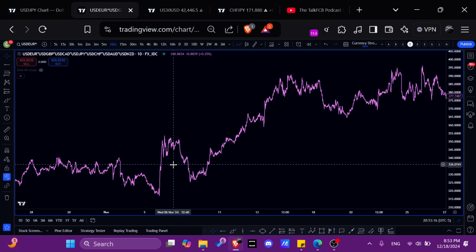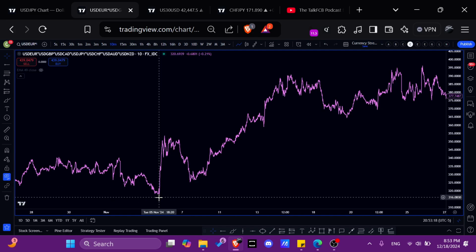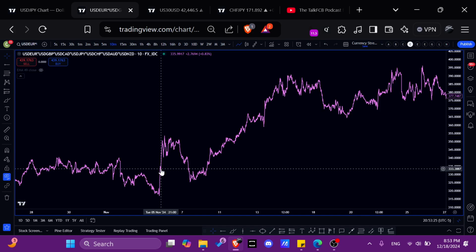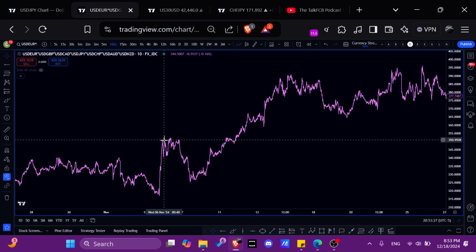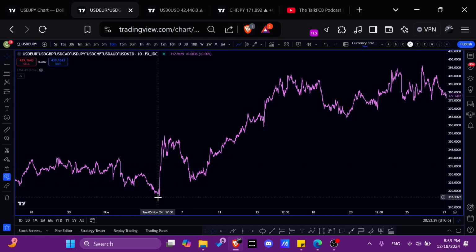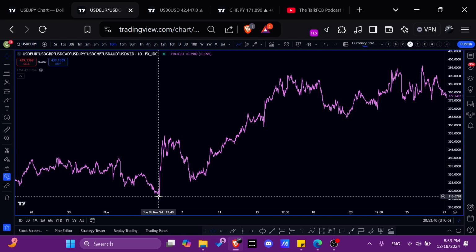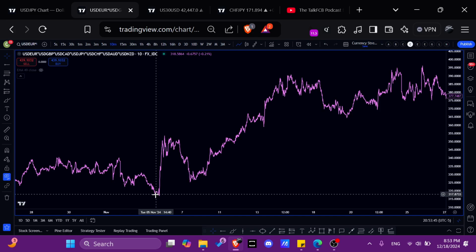Then we fast forward to election day, Tuesday the 5th. Then we move on to after the election, November 6th. Markets went from 333, or actually 316. So pay attention. October 31st, we're at 333. Now, November 5th, the day of the election, we're at 317.